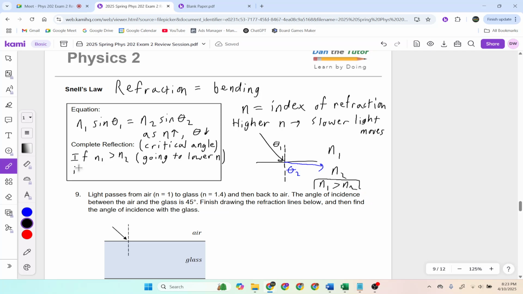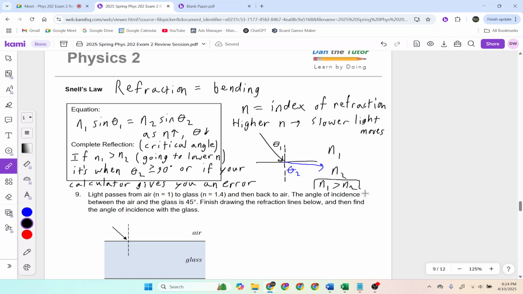And then it's when theta 2 is greater than or equal to 90 degrees, or, and this is the funny answer, or if your calculator gives you an error.